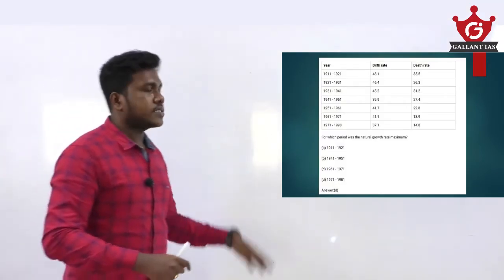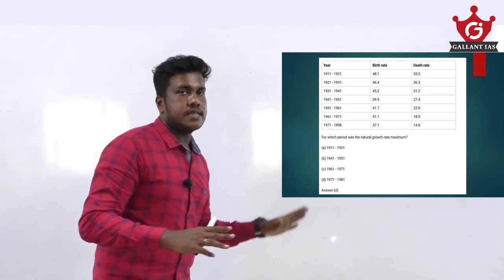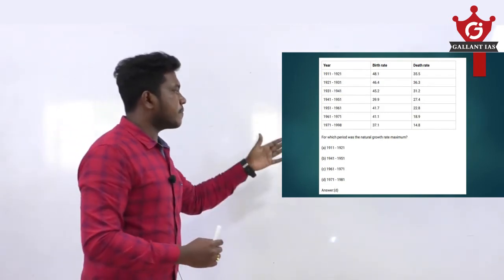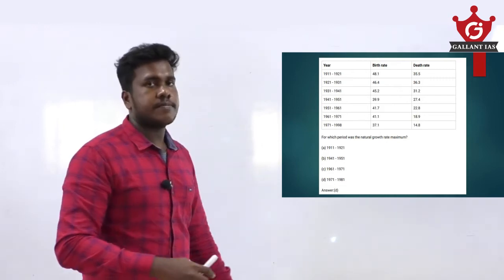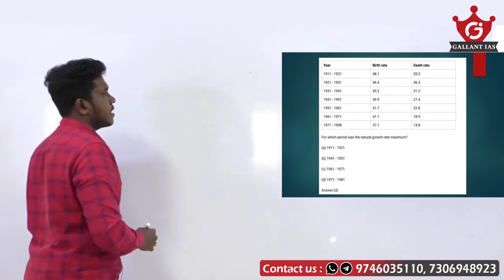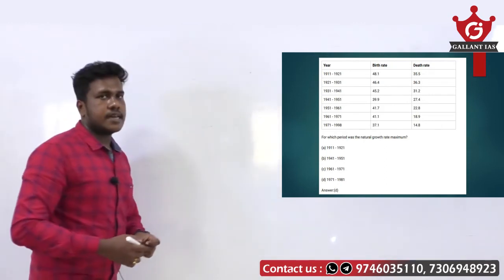So we are going to the next question. So here you can see a table with year, birth rate, death rate, and for which period the natural growth rate is maximum. So natural growth rate means birth rate should be greater than the death rate.